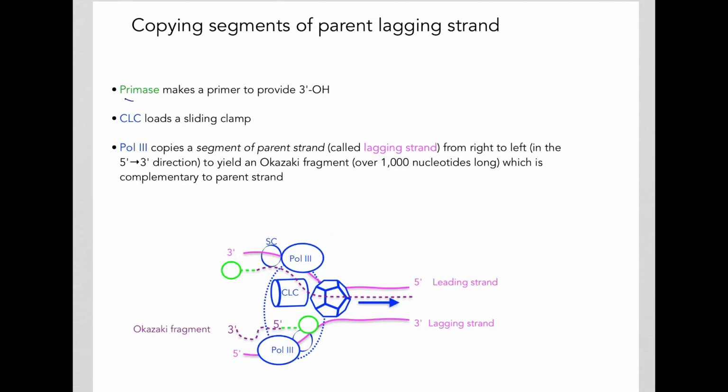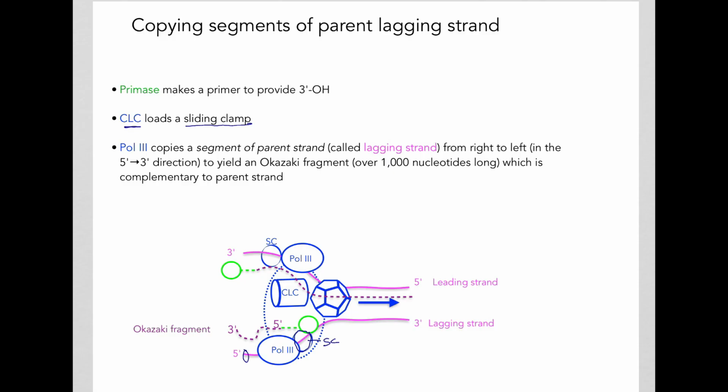Once again, the primase will make an RNA primer to provide the 3' hydroxyl group. And we see that right here, the primer is being made by this RNA primase. The clamp loader complex will now load a sliding clamp onto the other parent strand. So here we see an SC, a sliding clamp, being loaded onto this parent strand.